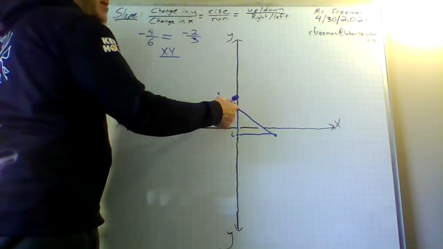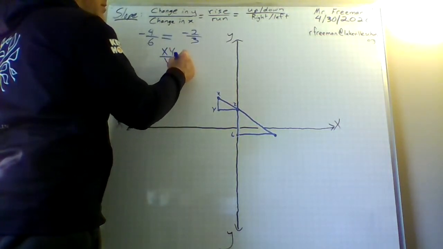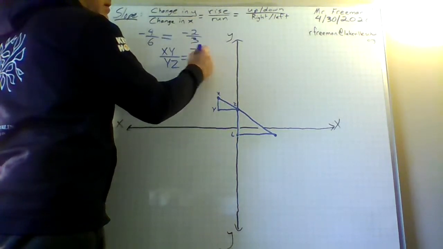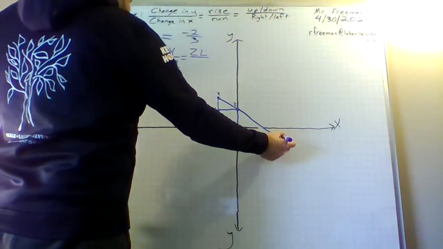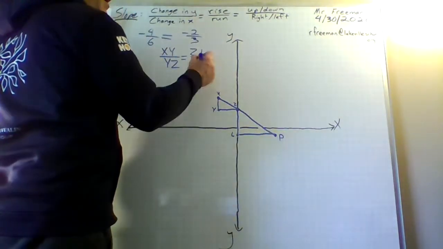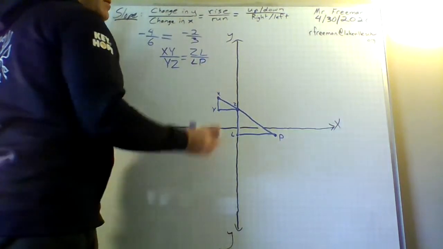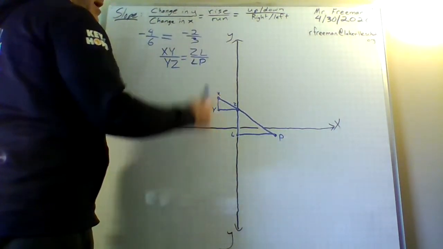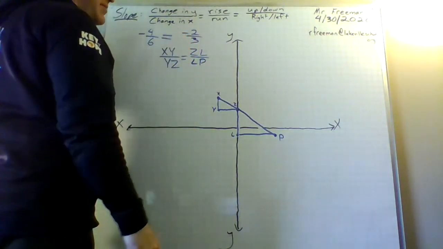But now they're saying the same triangle, XY and YZ, would have to be the same thing as ZL to LP, ZL as LP. Same triangle for the first two, same triangle for the second two this time. You're supposed to compare those, and you would end up coming up with -2/3.